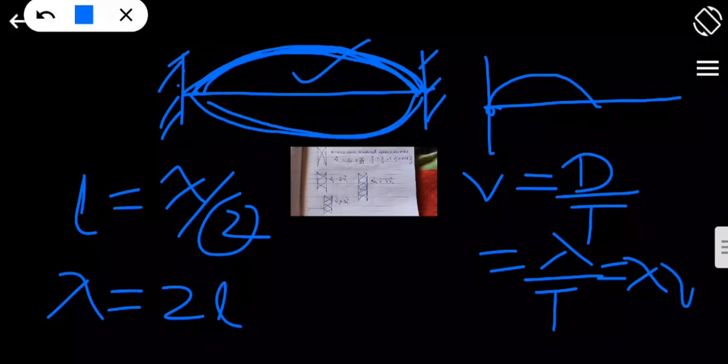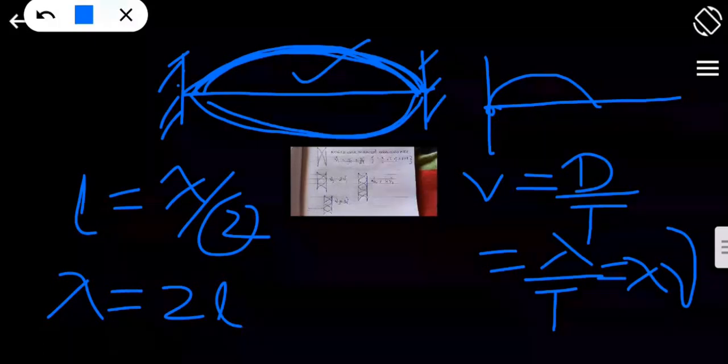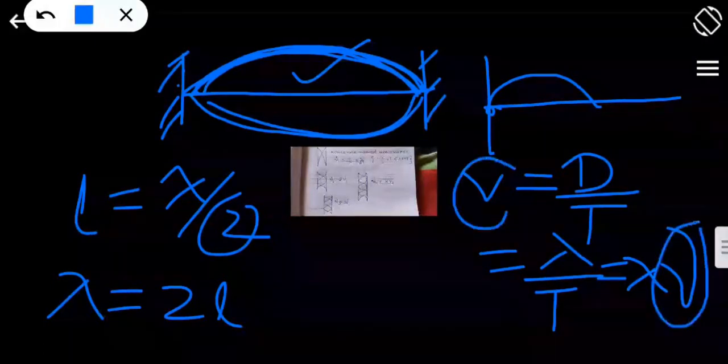So the V formula is lambda into nu. From here, if I want to find the frequency, V equal to lambda into nu, so nu is equal to V by lambda. The frequency is equal to V by lambda.